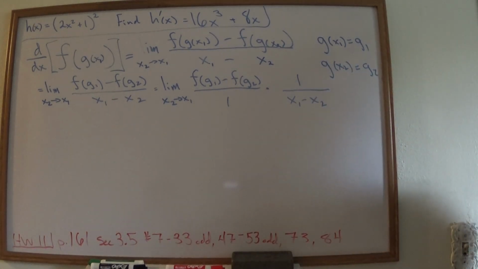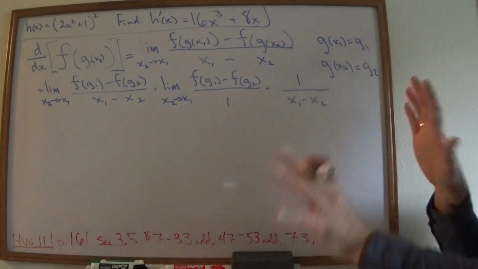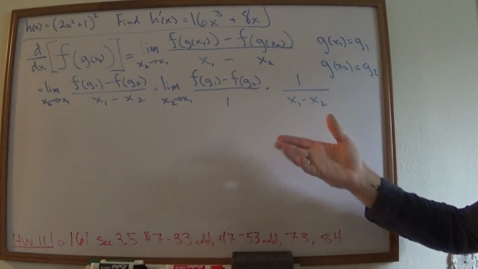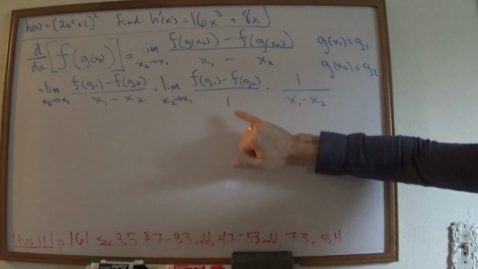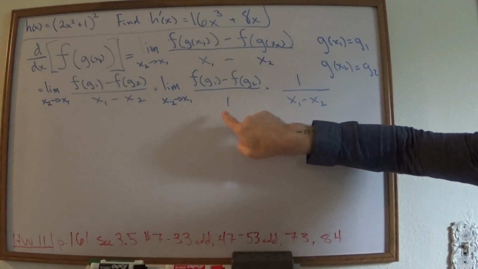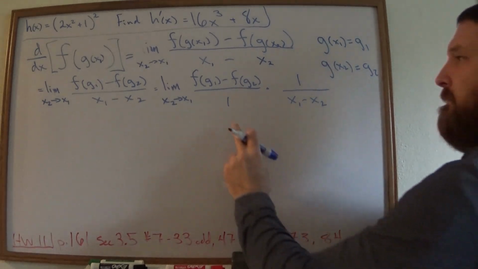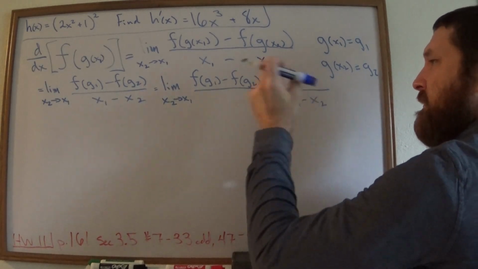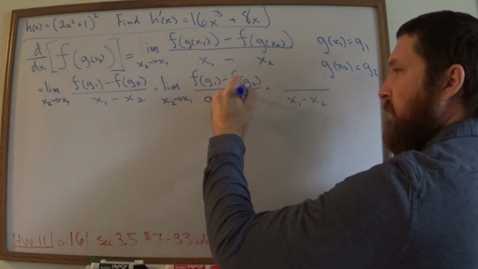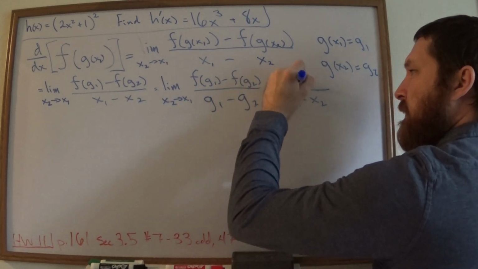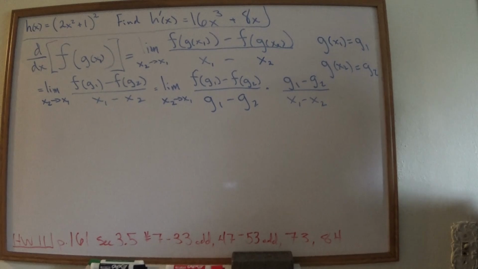Yes, it's exactly the same thing. I've just rewritten it, but as long as whatever I put in the numerator I also put in the denominator, it still remains the same, right? And so I could do something like this.